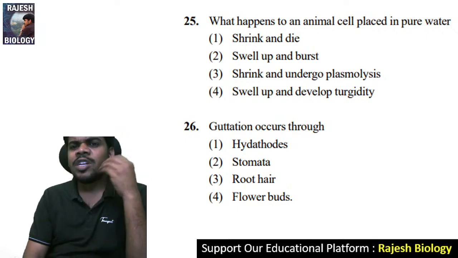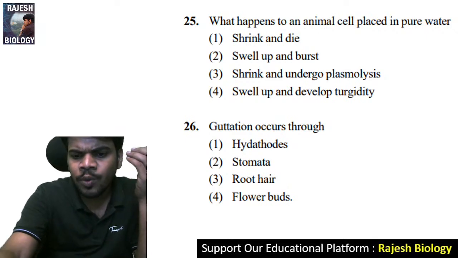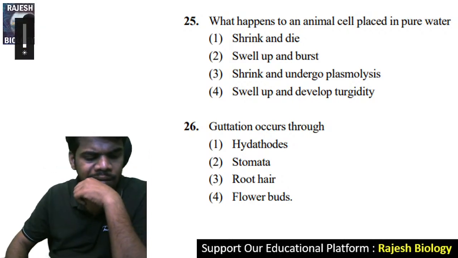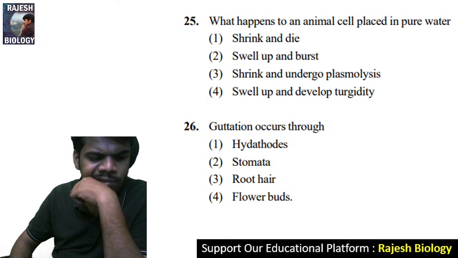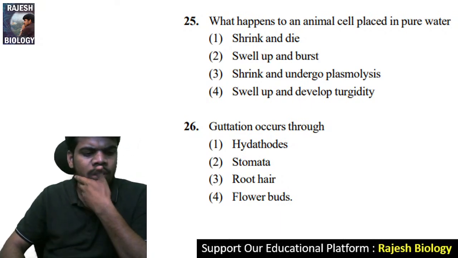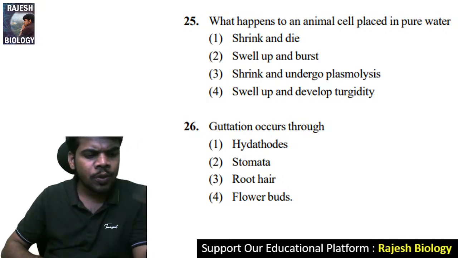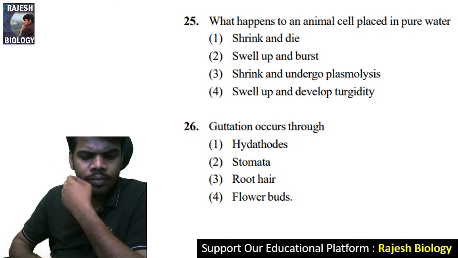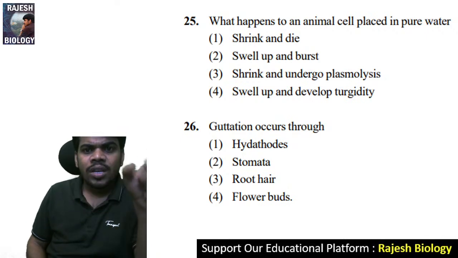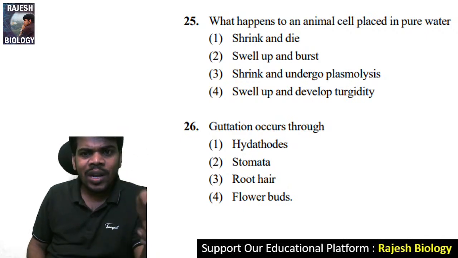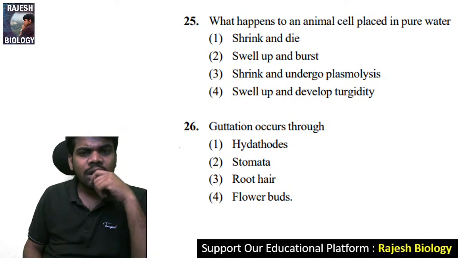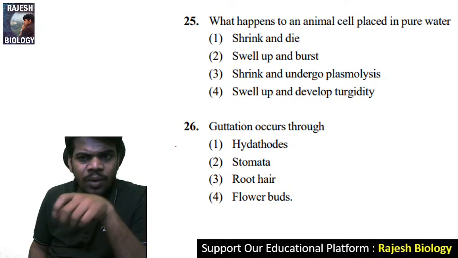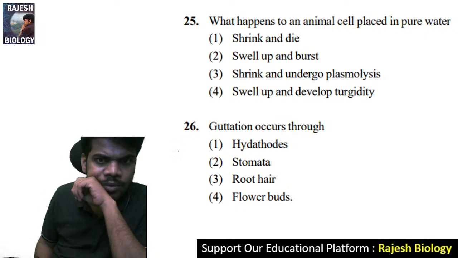25th question. What happens to an animal cell placed in pure water? Shrink and die, swell up and burst, shrink and undergo plasmolysis, or swell up and develop turgidity.